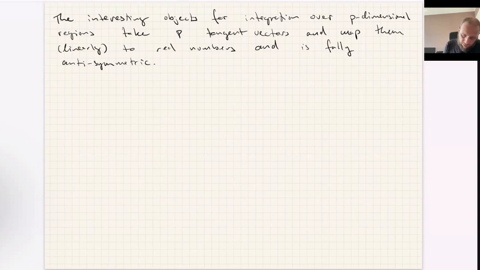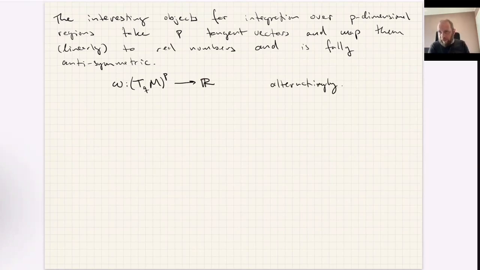Right? So it's some map omega that takes, oh, okay, so P is not a good idea for the point. Let's use Q, that takes p tangent vectors and maps them to a real number alternatingly. So alternatingly meaning that if you switch two of the arguments, you get a minus sign.